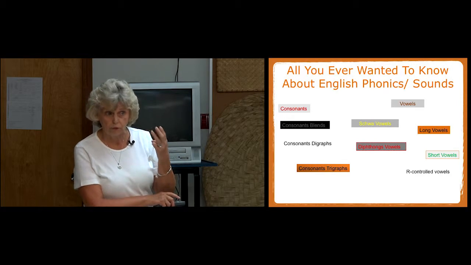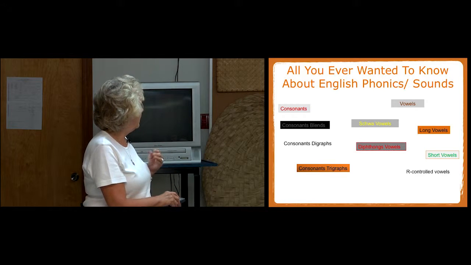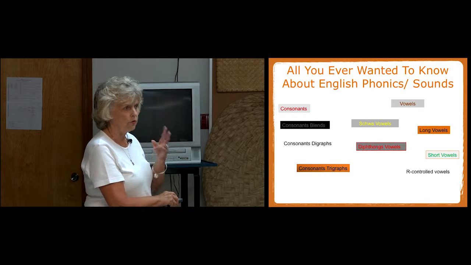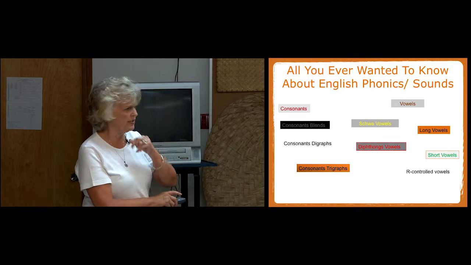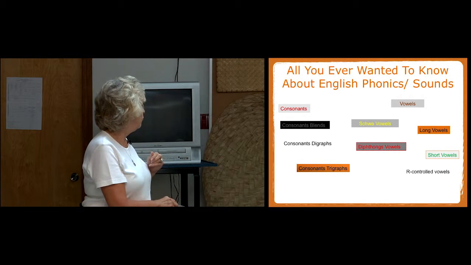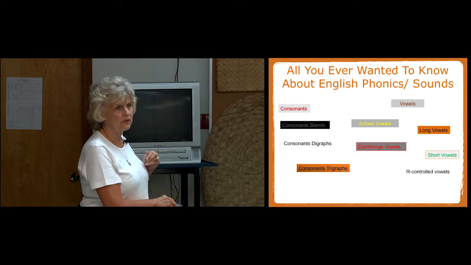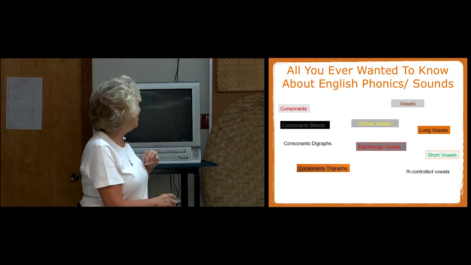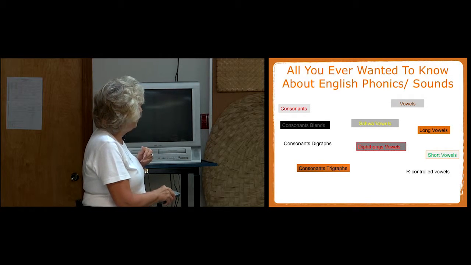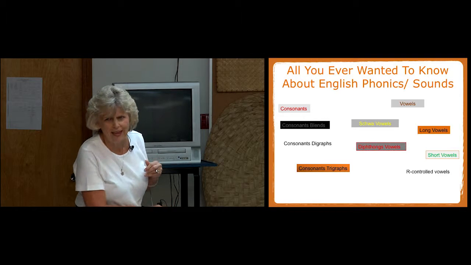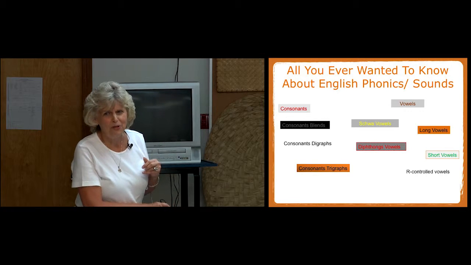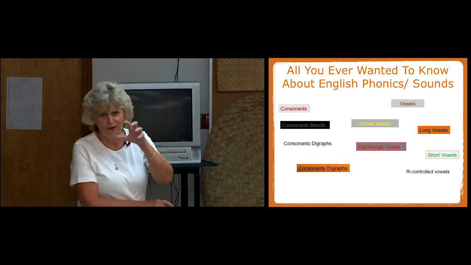And then you had some 3-letter blends, okay? And then you've got consonant digraphs, and those are those consonants together, but that one sound. And then your trigraphs, consonant trigraphs, okay? So when you just look at those 4 little components, think, oh, well, that's not too bad.